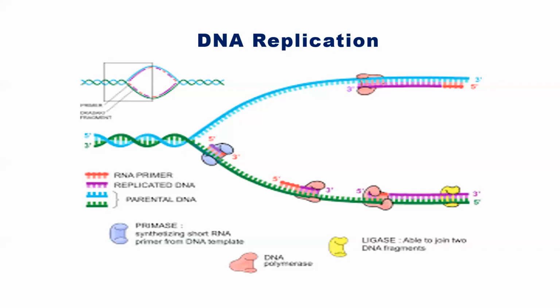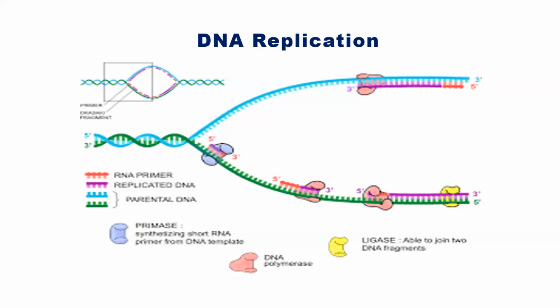The next one is that replication is semi-conservative. Replication is the process of doubling of DNA that occurs by copying of the DNA sequences by complementary base pairing, that is A with T and G with C. The double helix of DNA is separated into 2 single strands and is replicated, with each strand acting as a template for a new strand.